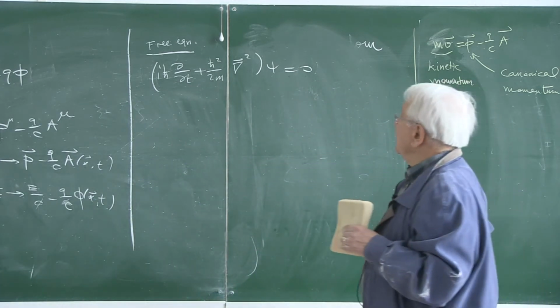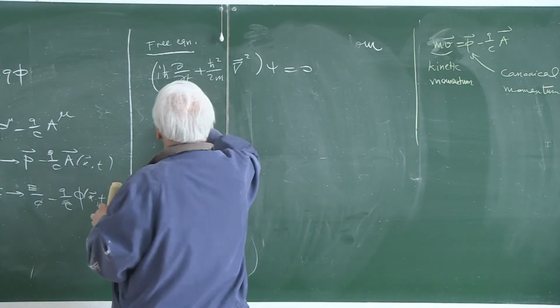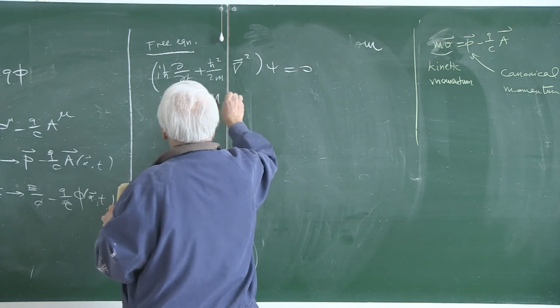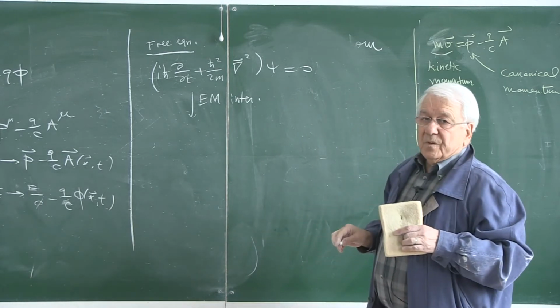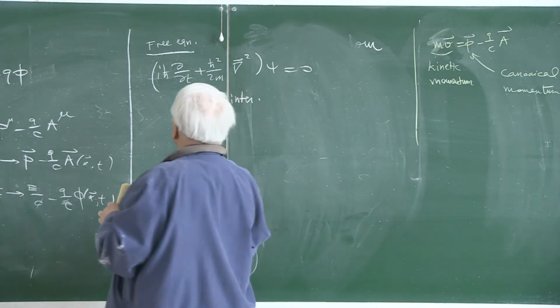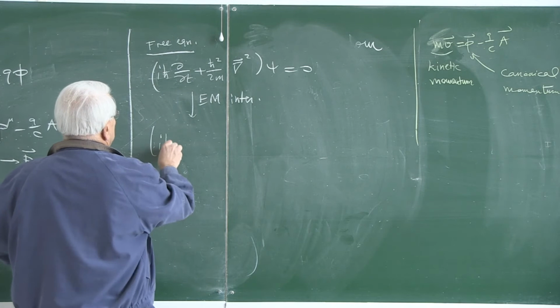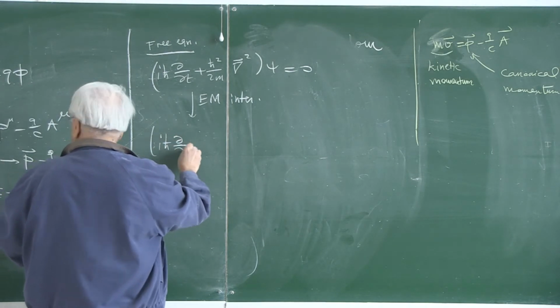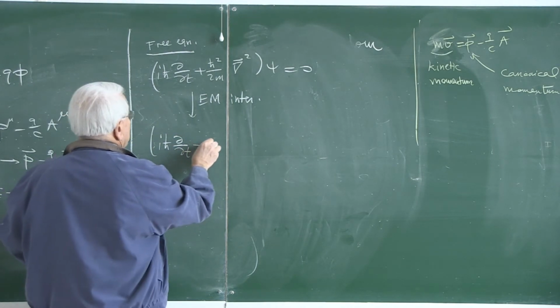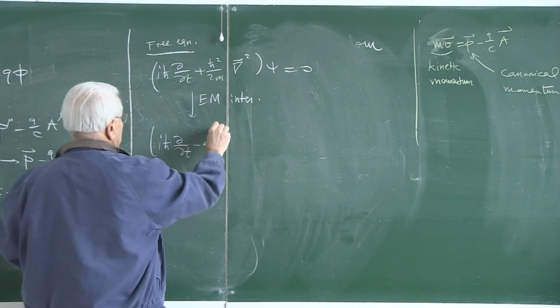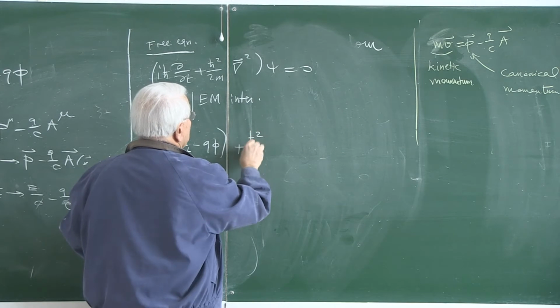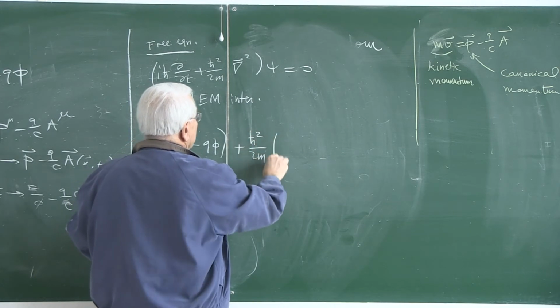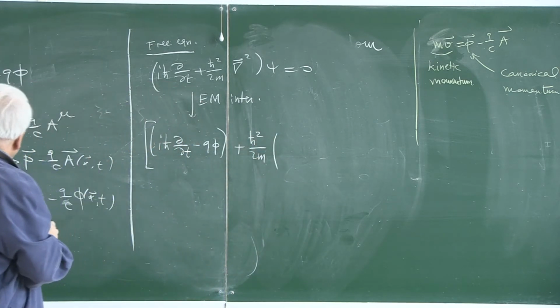So if I go to the electromagnetic interaction case, I replace it by I h bar d by dt minus q phi plus h bar squared over 2m del squared.